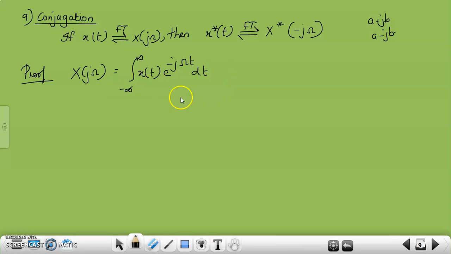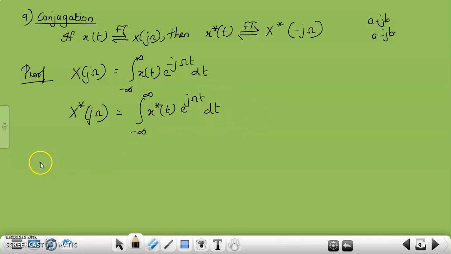Now, if I am taking the conjugate of this equation, LHS becomes x star of j omega, that will be equal to the conjugate of RHS, that is integral over t from minus infinity to infinity x star of t e raised to minus j omega star, which is e raised to j omega t dt.